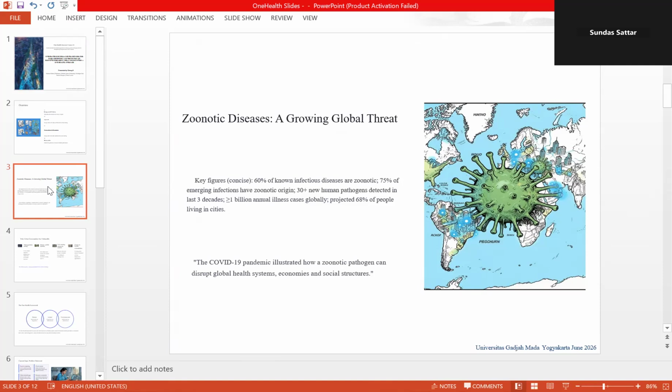More than 30 new pathogens have emerged in the last 3 decades, causing a significant global health burden. The COVID-19 pandemic clearly demonstrated how quickly zoonotic pathogens can affect global health systems, economies, and societies.